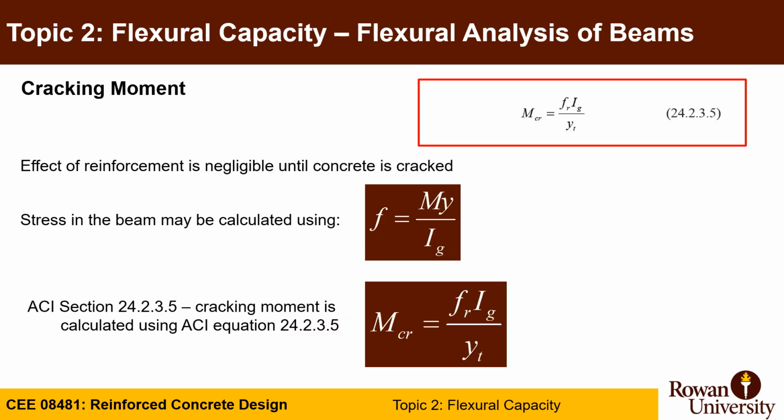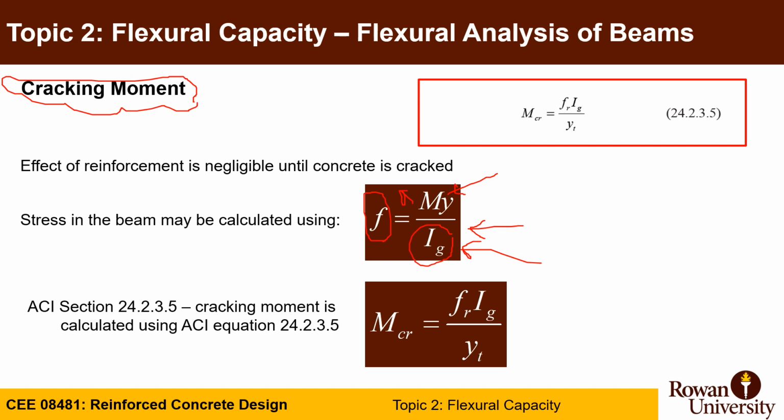Here, in order to calculate the cracking moment, it's a very basic equation. Relation between bending stresses to bending moment is: stresses equal M, the moment, times y, which is a distance from neutral axis to the fiber of interest, either tension or compression, divided by I gross, which is the entire inertia of the cross section.